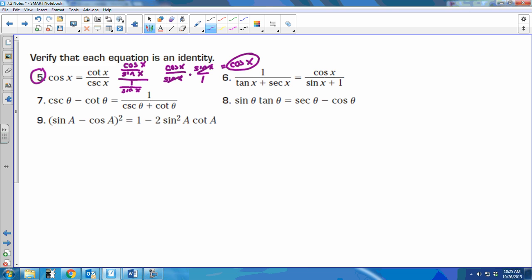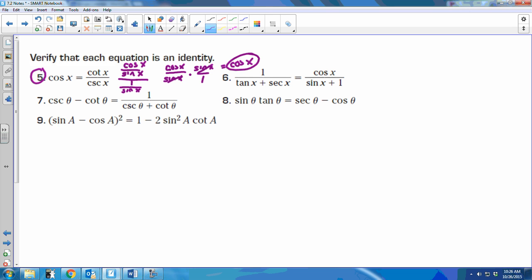Okay. On this one, if you're trying to figure it out, you're looking at the right-hand side, there's a fraction, and you'd like for there to be functions that would cancel out somehow. So cotangent can be rewritten with a cosine and a sine in it, and cosecant can be written as 1 over sine. So you'd have cosine x over sine x divided by 1 over sine x.